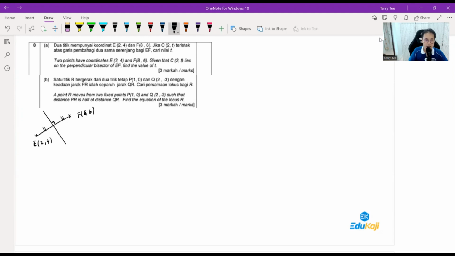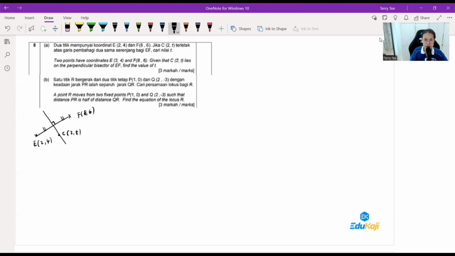Now, it is given that C lies on this line. So I put a C here. C is (2, t). You're supposed to find the value of t. What we can do, number one, we know that the gradients of these two lines multiplied together must be -1, right? But I need to find the midpoint of EF first.